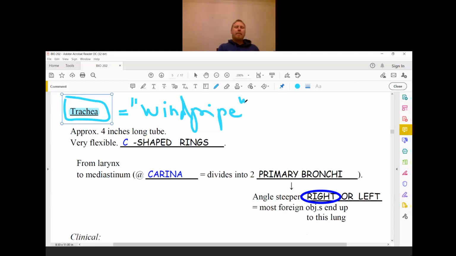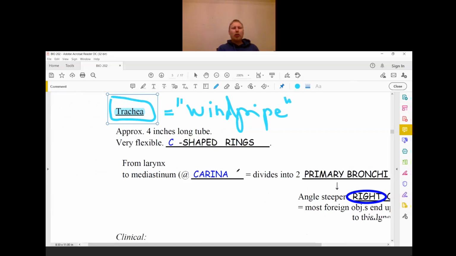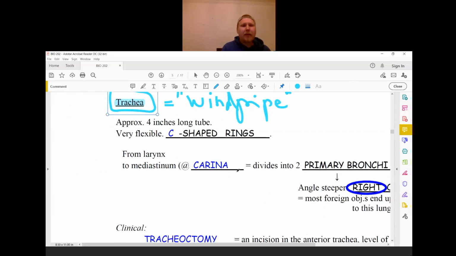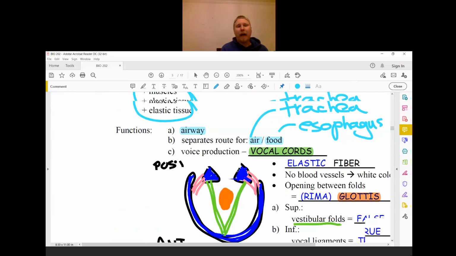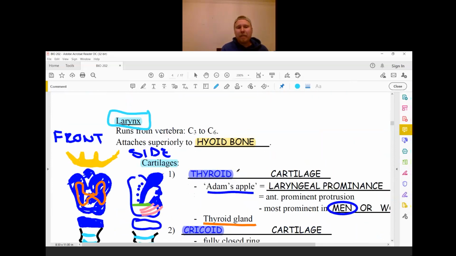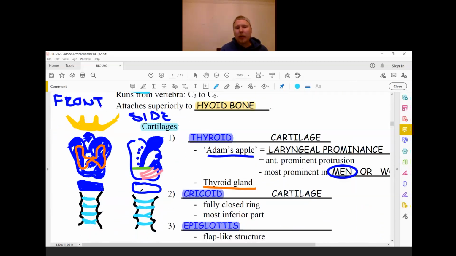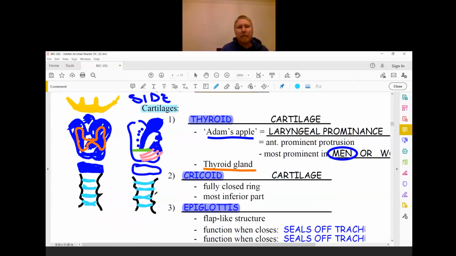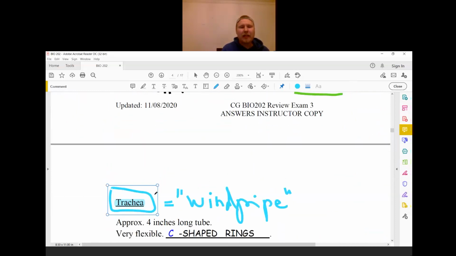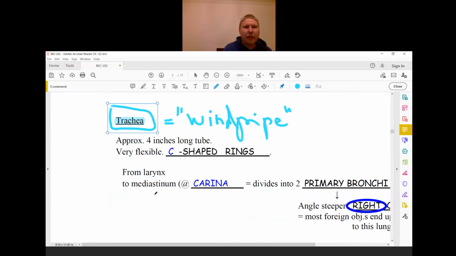And it's about a 4 inches long tube that runs from the bottom of our larynx, from our cricoid cartilage, which we saw here, and continues until it divides into two primary bronchi.